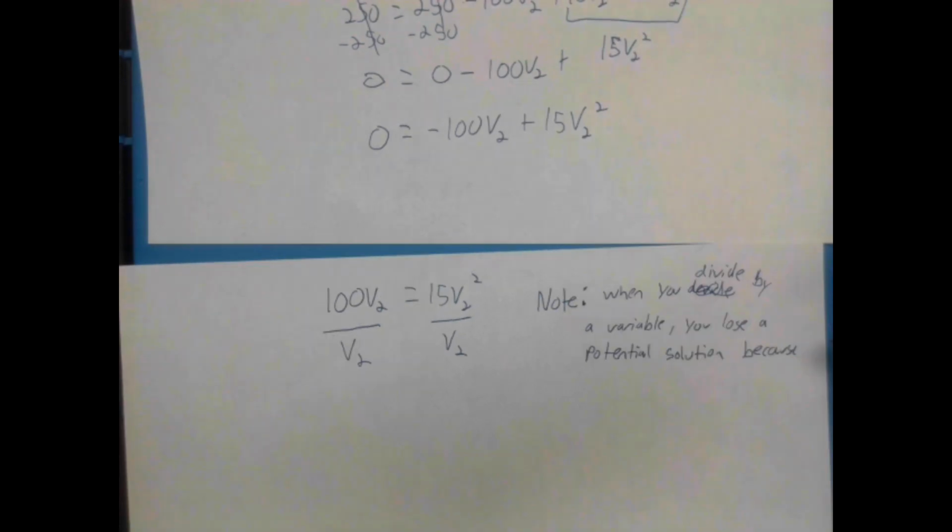Because you cannot divide by 0. v2 may be 0. And thus, if you solve by division, you lose this potential solution.